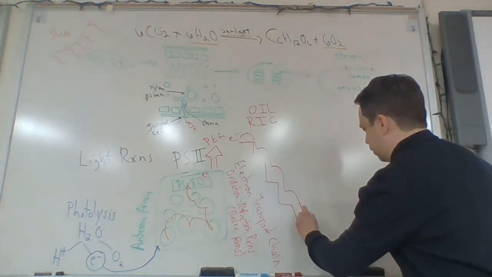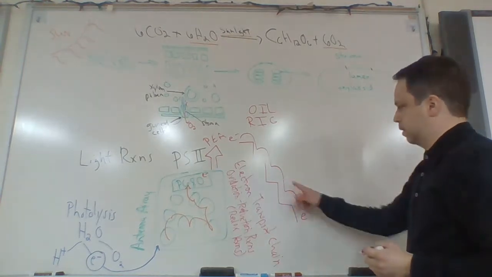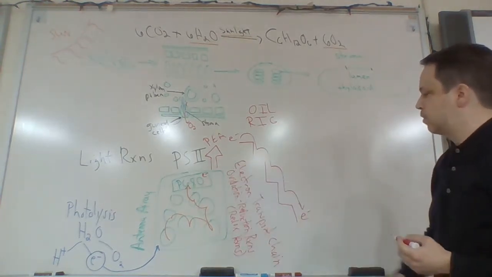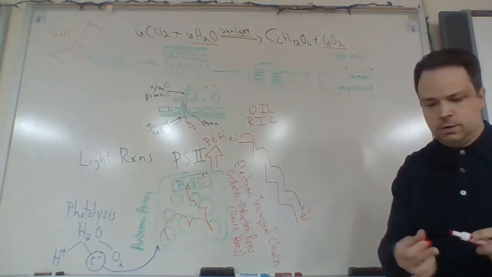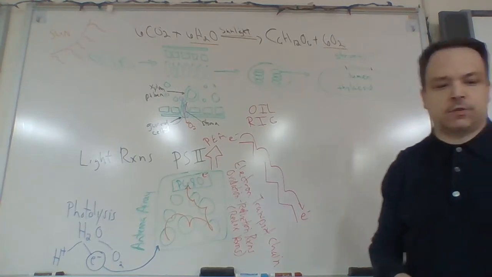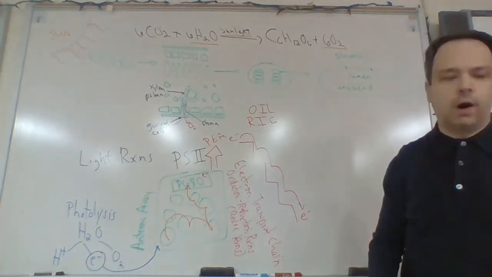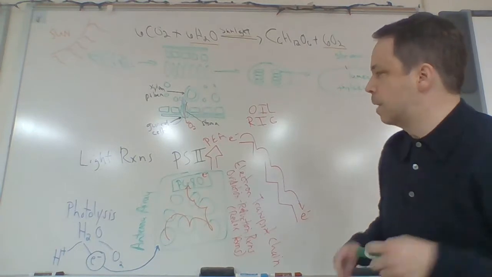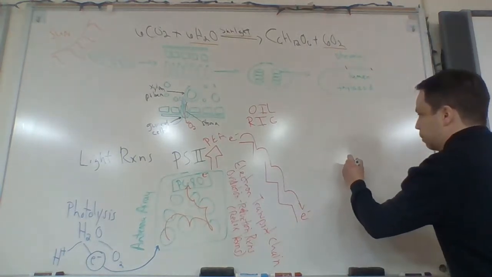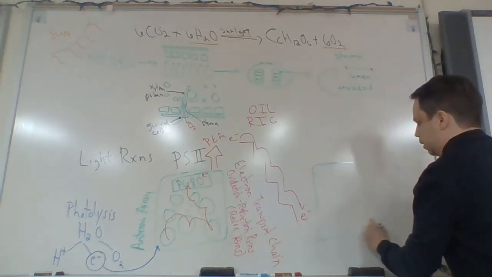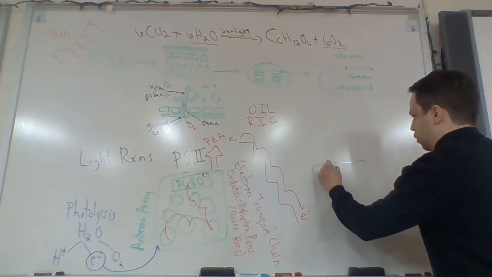So this electron that's gone on this little journey is going to eventually be passed on to photosystem 1. And you might be asking, well, why does it need to replace photosystem 1? Well, that's a good question.